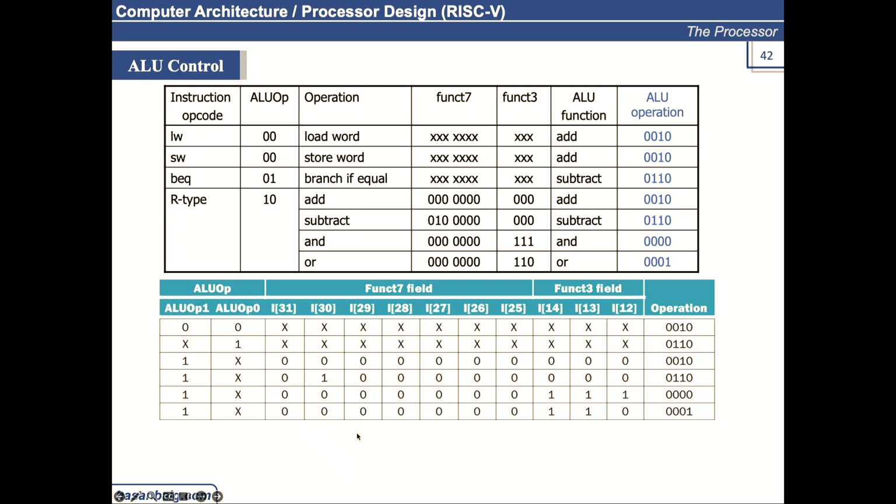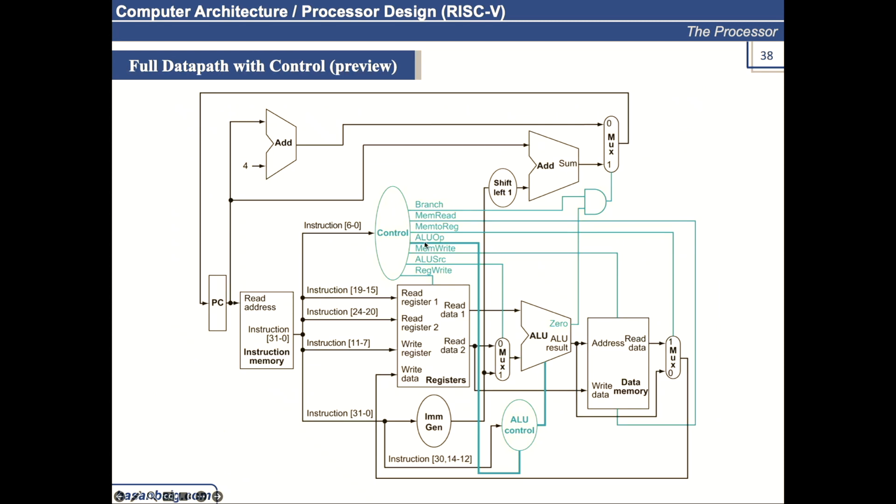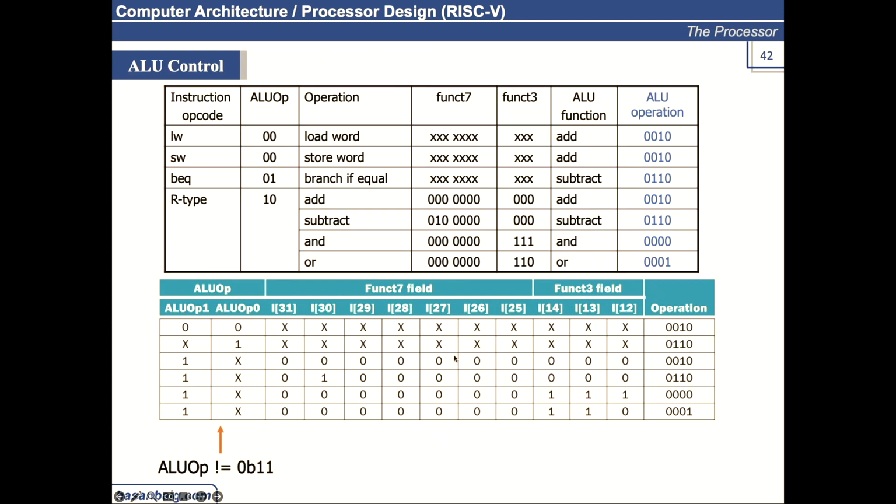Before that, these ALU op values cannot be 1 and 1 together. The control unit is not going to generate the value ALU op 1 1, okay?